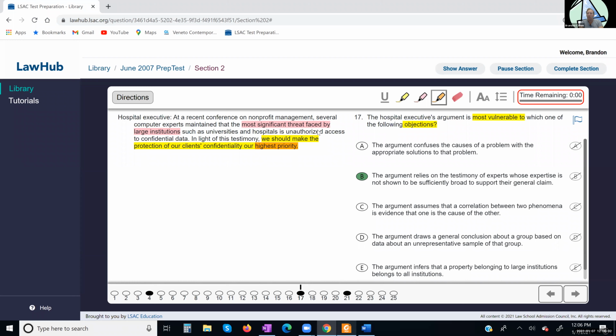Now, whether that jump actually holds true, I'm not sure. That's one of those LSAT common sense standards, which I talk a lot about in the curriculum of the concepts, that maybe we could do, maybe not. That most significant threat would mean that we should be making it our highest priority. That's close. And anytime it's close, I kind of just bookmark it and move on.